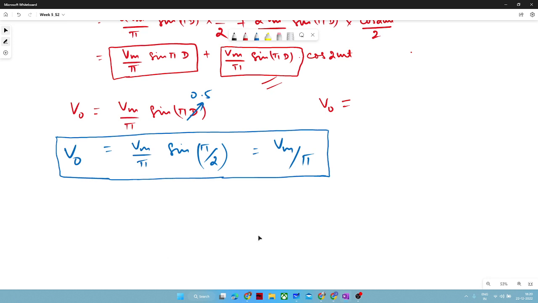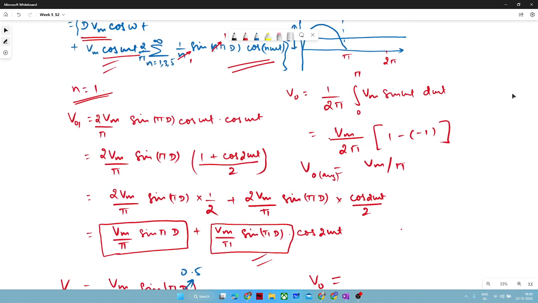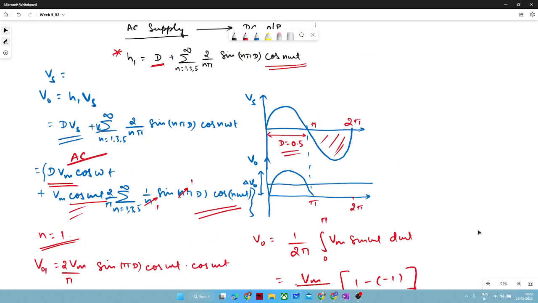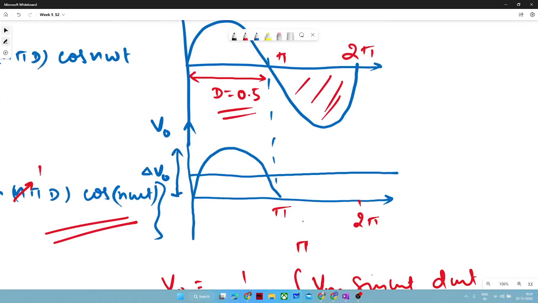Now let me proceed with the full wave rectifier. It would be better because most of the converters are full wave rectifiers only. What is the problem with the half wave rectifier? One problem you can easily identify from this waveform: it is not conducting for the entire period, and unless you provide very high inductance in your load circuit, you will not get continuous conduction.